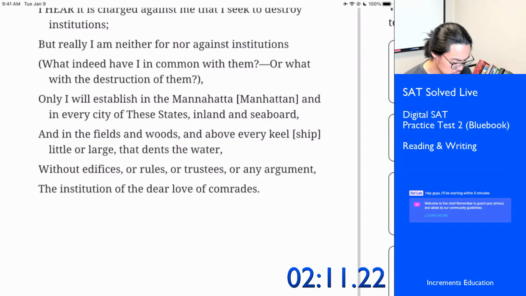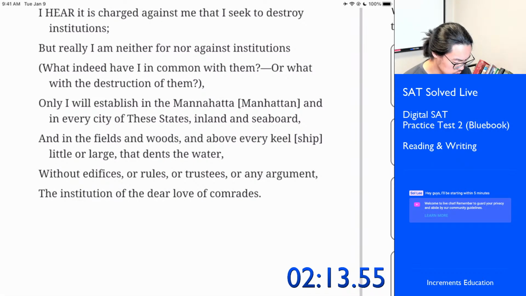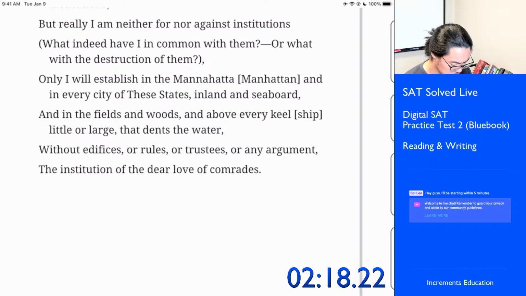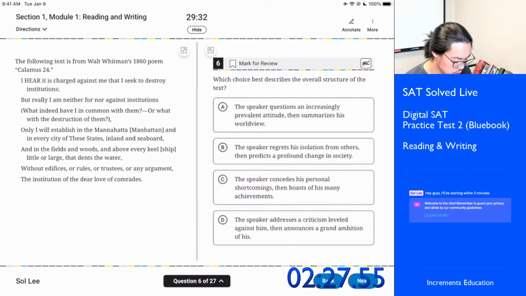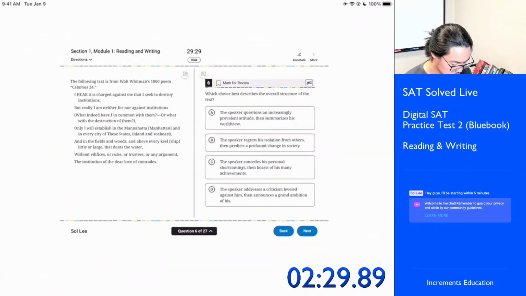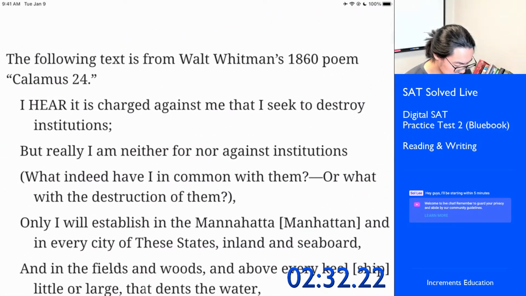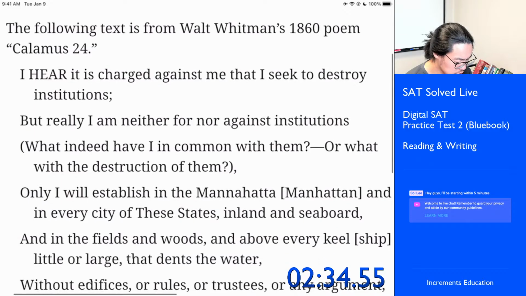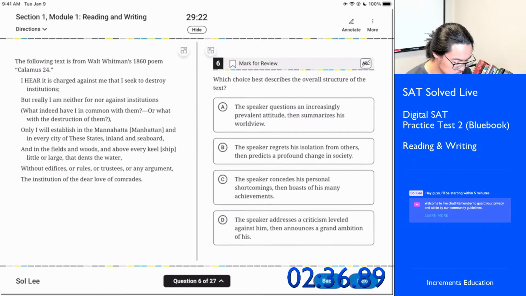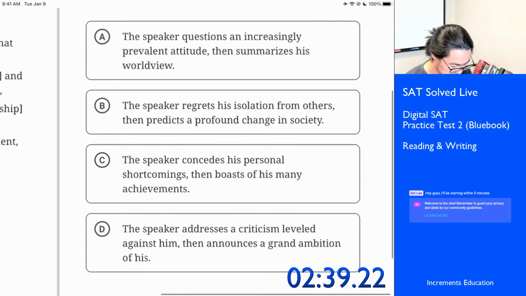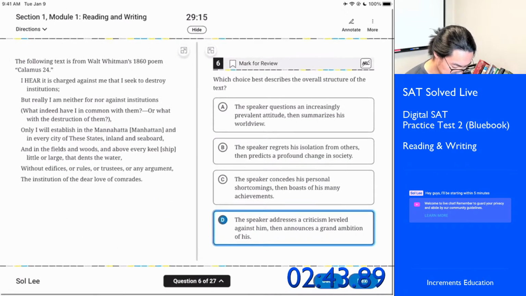Only I will establish in Manhattan, in every city of these states, everywhere, and in fields and above, and without edifices or rules or trustees or argument, I will establish the institution of brotherly love. So the structure is I'm against. I reject these accusations, and this is my goal. Criticism and then goal. Yep.